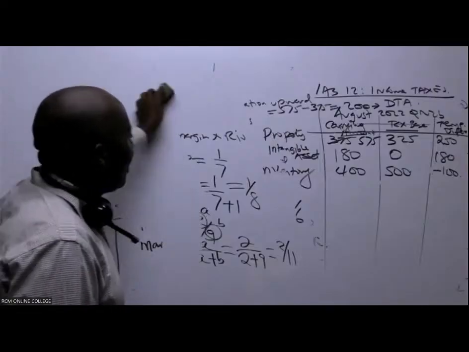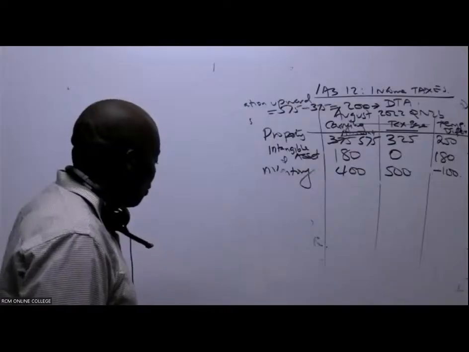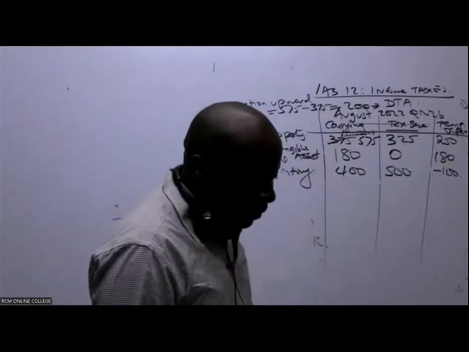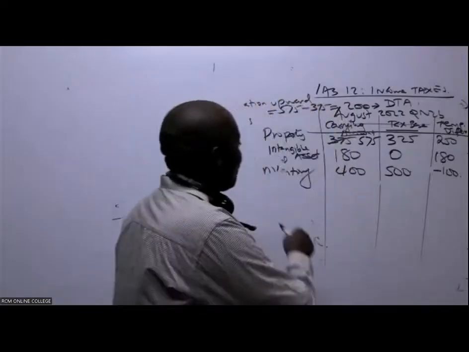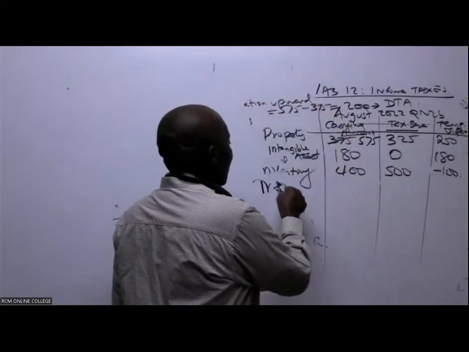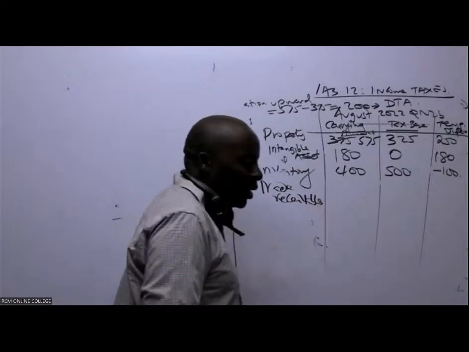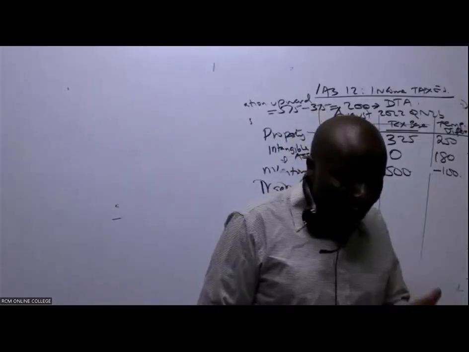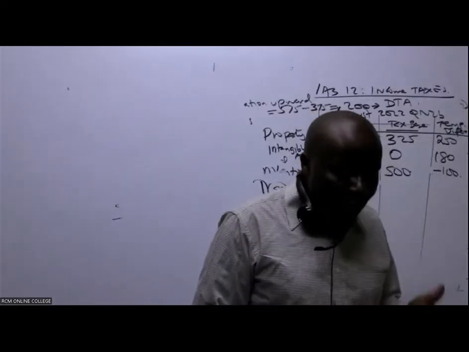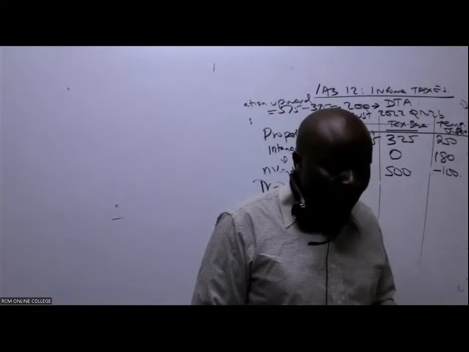All right, ladies and gentlemen, from there we should be able to move with speed to the next item, which is trade receivables. For trade receivables, we are told they were carried in the consolidated statement of financial position at 480.